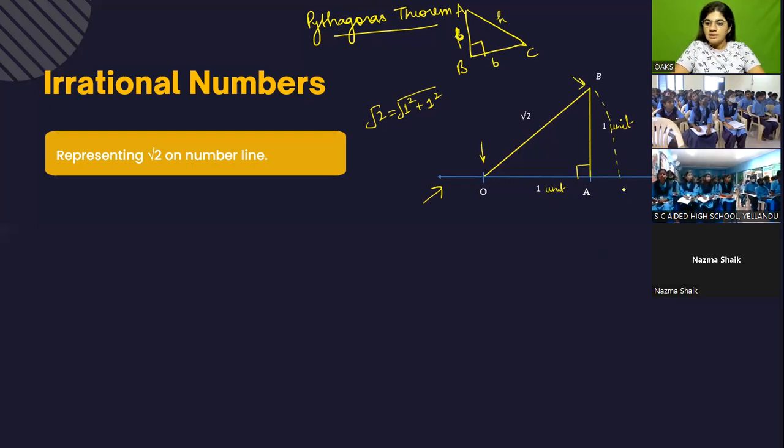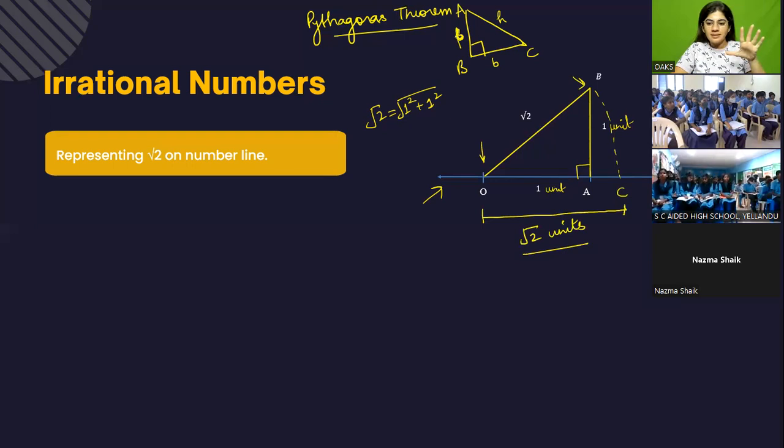So this will be our C, and OC is on the number line and that is equal to root 2 units. Now we have just represented root 2, an irrational number, on the number line.